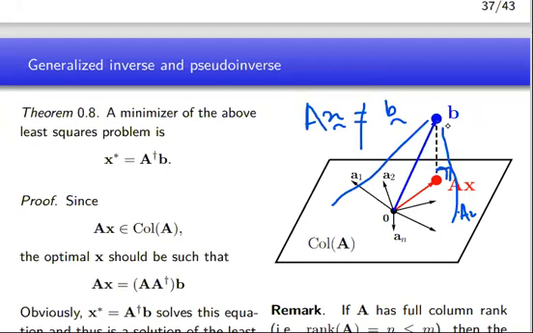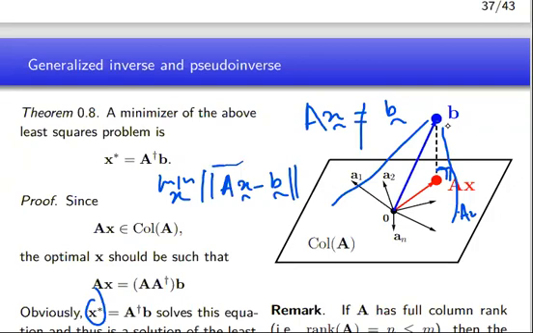So we find the minimum over x in the solution space. We find the optimal one, this x star, which minimizes this. This is called the least squares method.